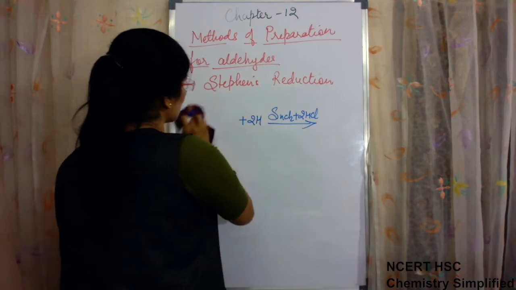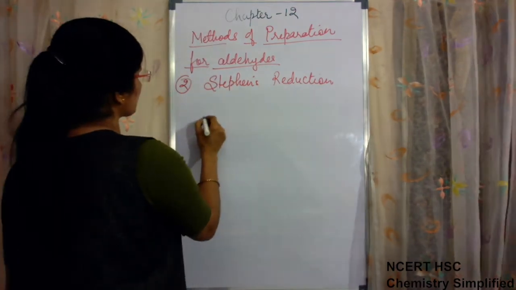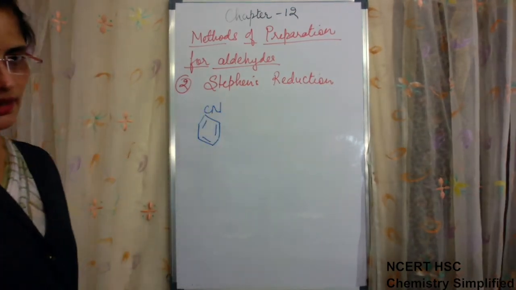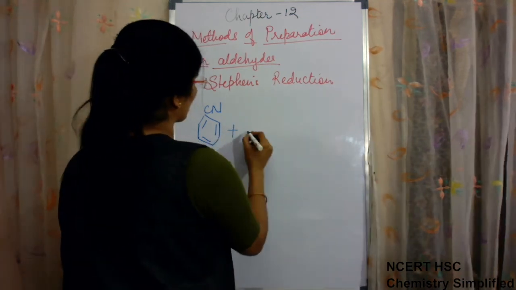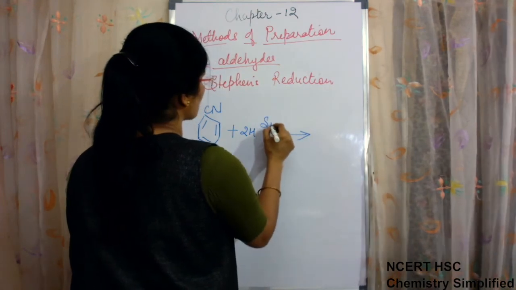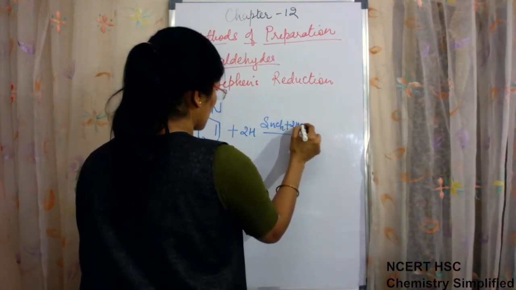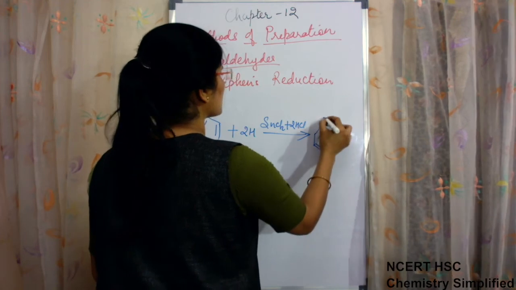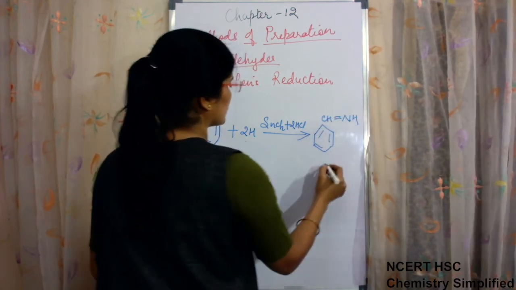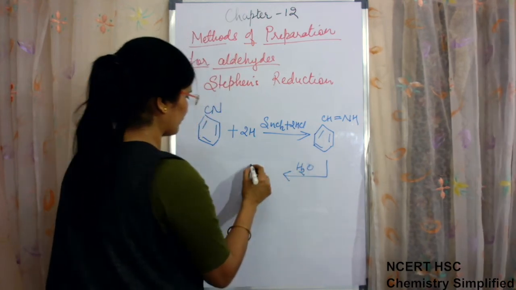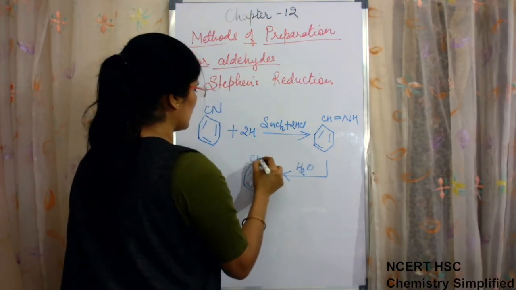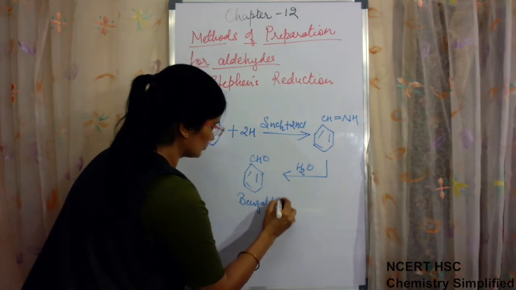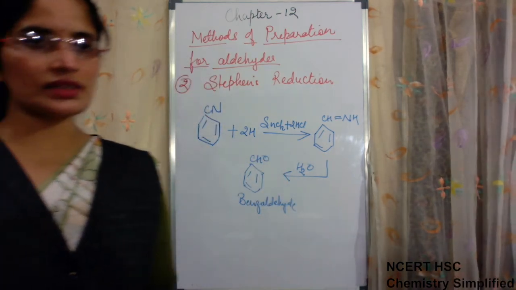Instead of RCN, if the starting material taken is an aromatic nitrile, then it will be reduced in presence of SnCl2 plus HCl to form an intermediate in the first step, like CH double bond NH, which on hydrolysis will give benzaldehyde as the product. Okay, so this is Stephen's reduction.